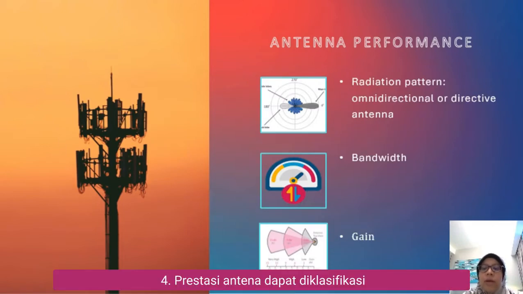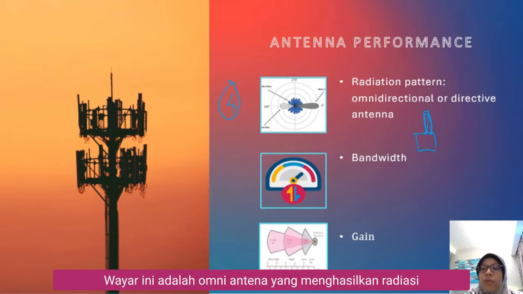The fourth one, the antenna performance can be described in terms of the radiation pattern, whether it is radiated in omnidirectional or whether it is a directive antenna. Omnidirectional means that, for example, long time ago, you had a mobile phone with a wire coming out of the cell phone.